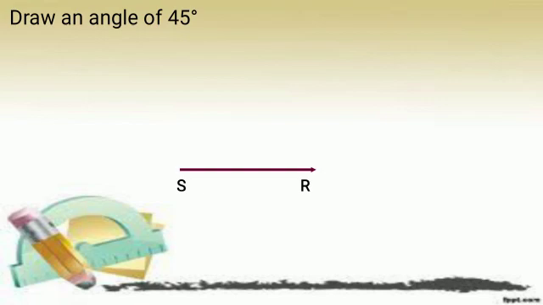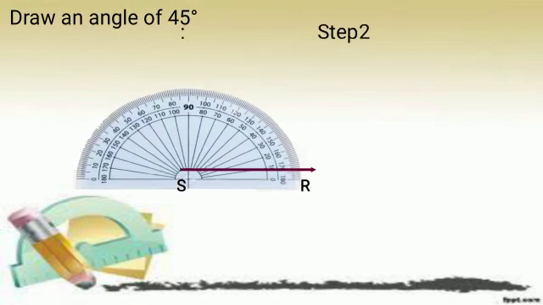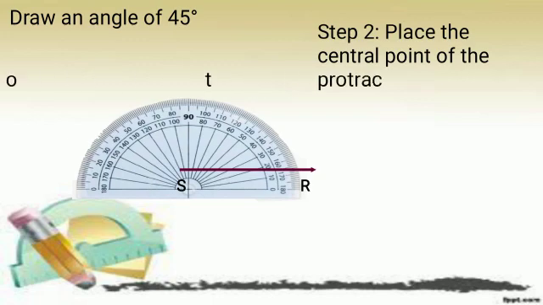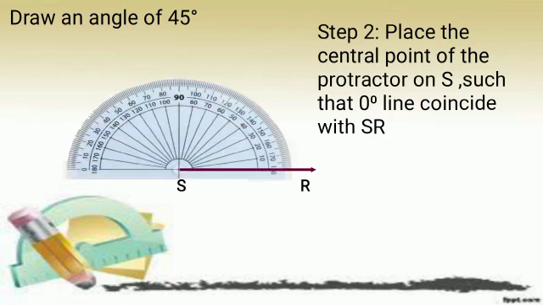Step number 2. Step number 2 is to place the center point of the protractor on the vertex. Here the vertex is S, such that the 0-degree line coincides with SR. As you have done for measuring the angle, the same step you have to follow here.